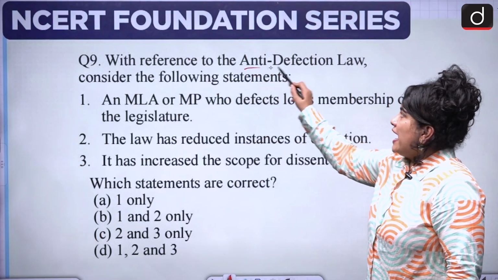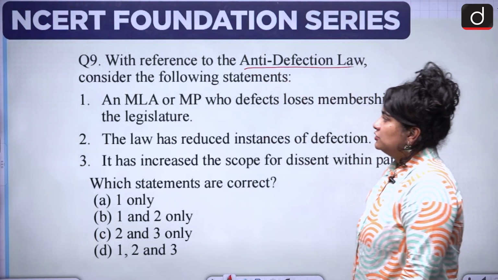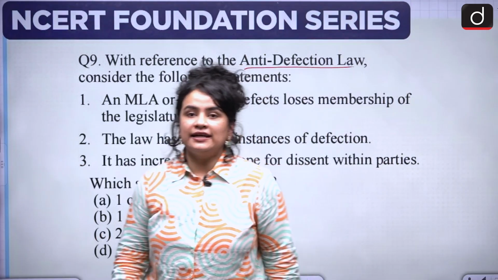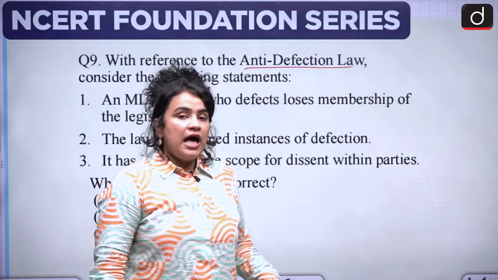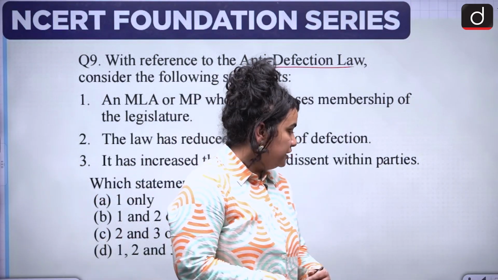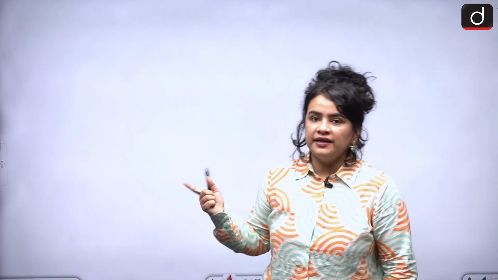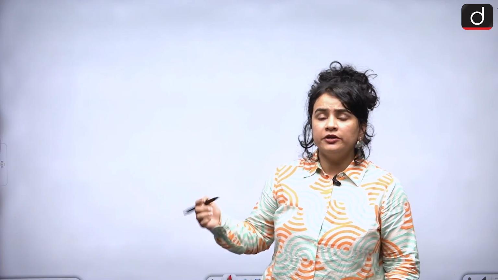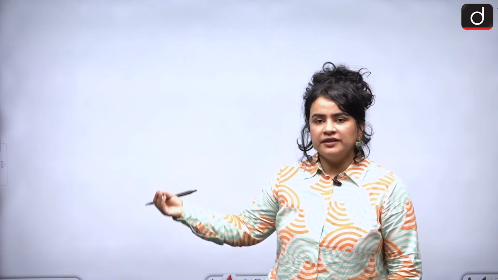With reference to the anti-defection law, consider the following. Now, what exactly is the anti-defection law? I was just talking about how there is lack of real choice. There is no real choice, partly because the ideologies of the two parties are not very different. They're pretty much similar with mild differences in terms of implementation and framing of policies.